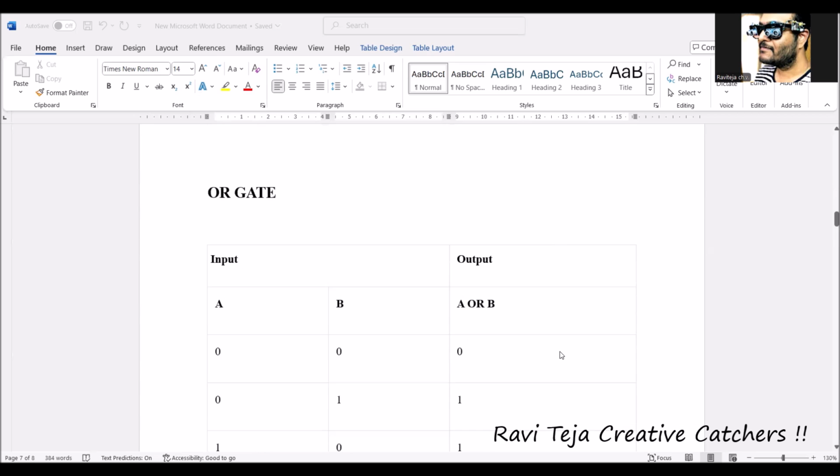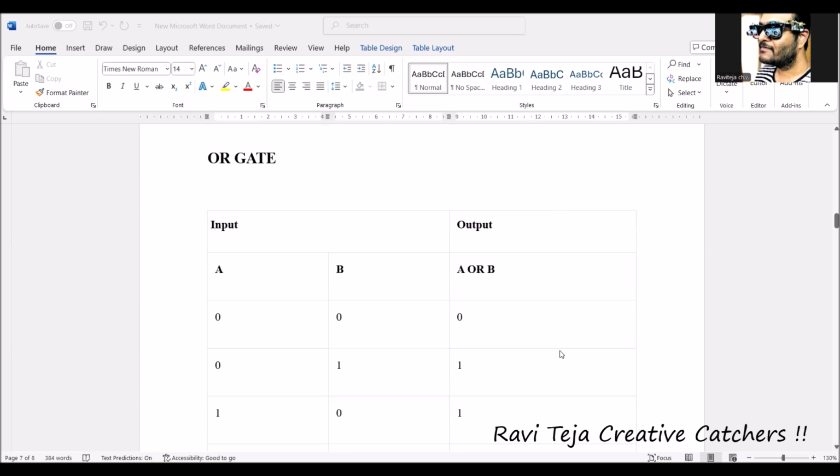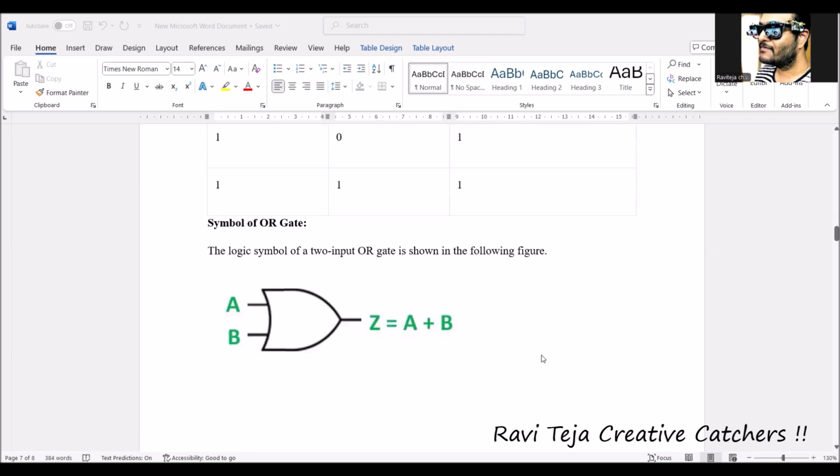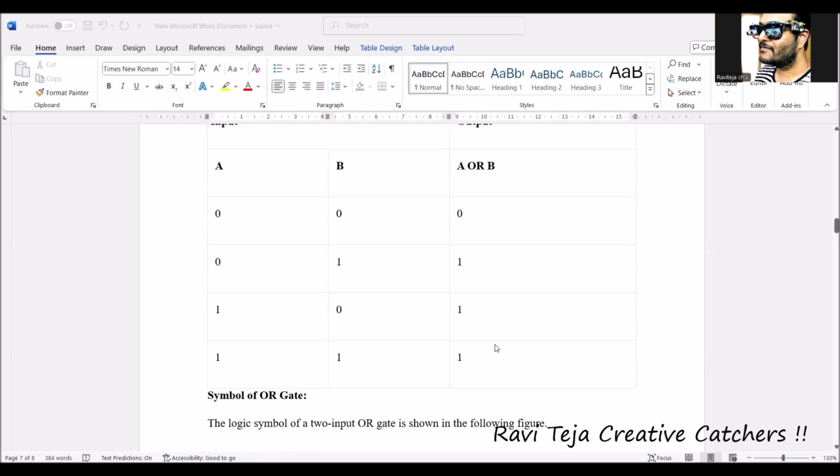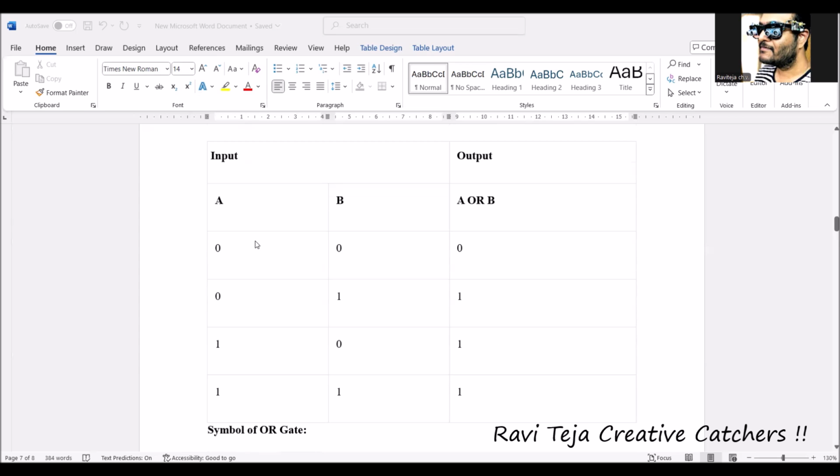Coming to the next logic gate, we are going to see the OR gate. Similar to the AND gate, it also has two inputs and one output. This is an OR gate symbol with two inputs, let's say A and B, and one output, where the output of an OR gate is the sum of these two inputs, A plus B. Coming to the truth table, we take the input combinations 0 0, 0 1, 1 0, 1 1.